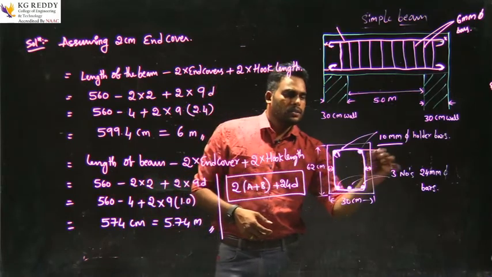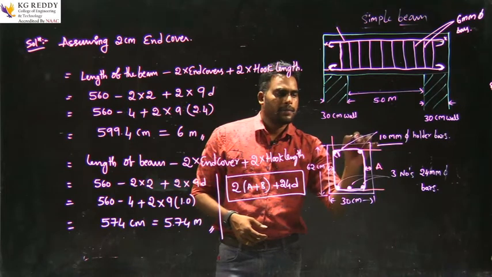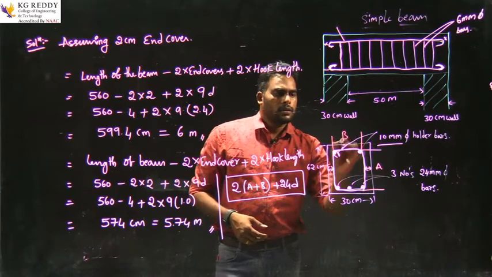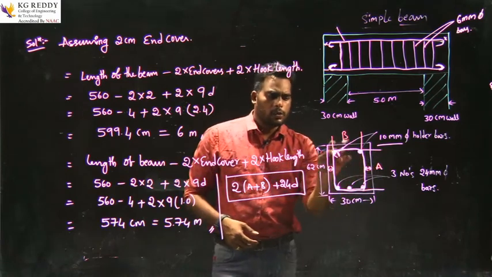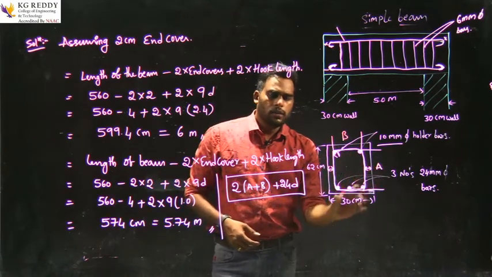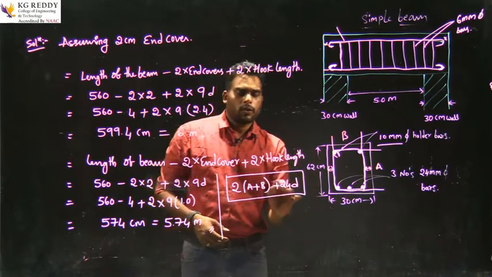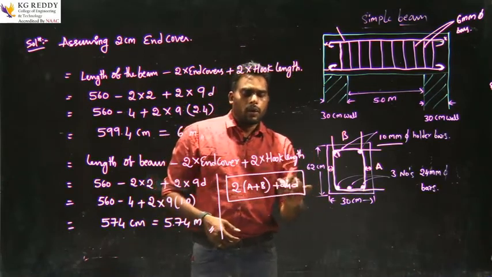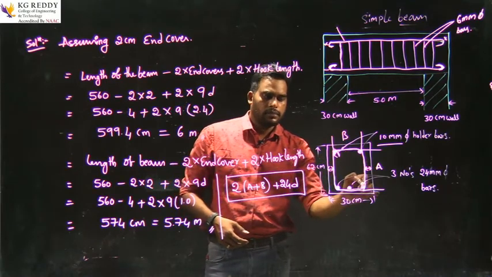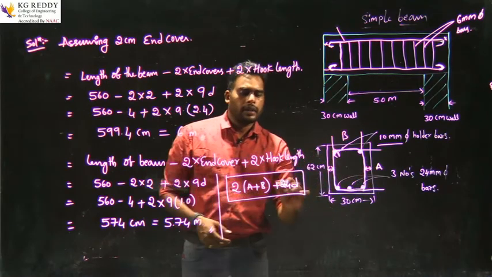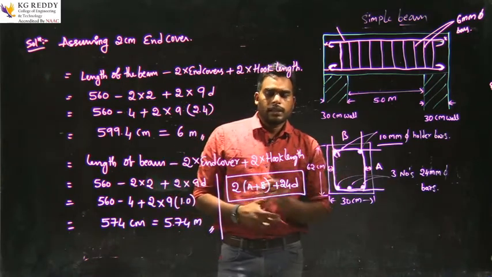This is one side, the a length, and this is the b length. The a length is taken the same, so 2 is common. 24d is for the hooks. Here 2 hooks are there and bends, some curves are there. By adding this total, we will get that 24d. D is nothing but the diameter of the stirrup.